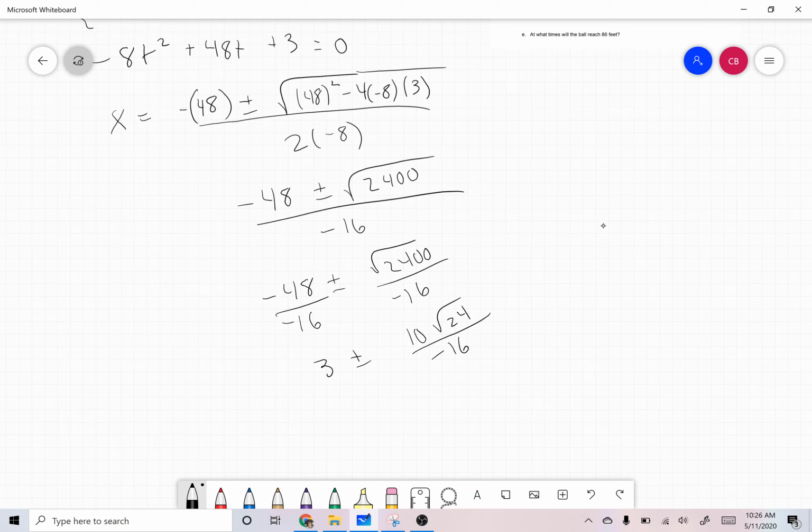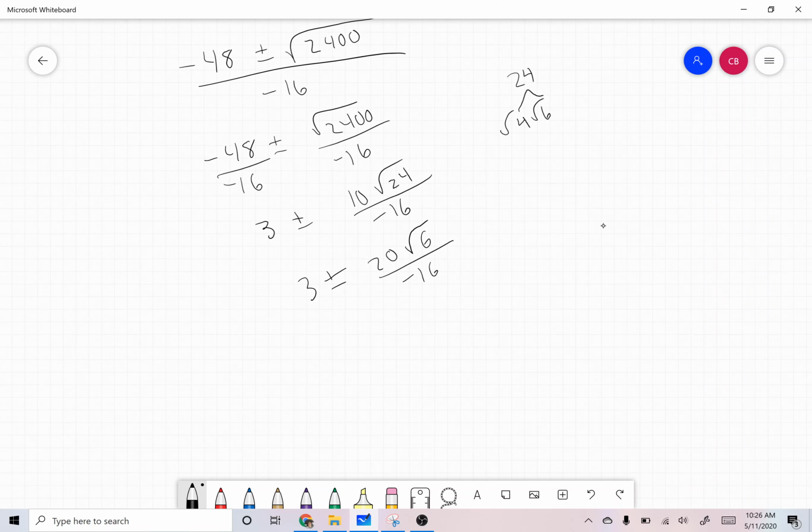But 24 breaks down to 4 times 6, which means 2 times 10, which is 20, square root 6 over negative 16. Which is 3 plus or minus 5 square root of 6 over negative 4.